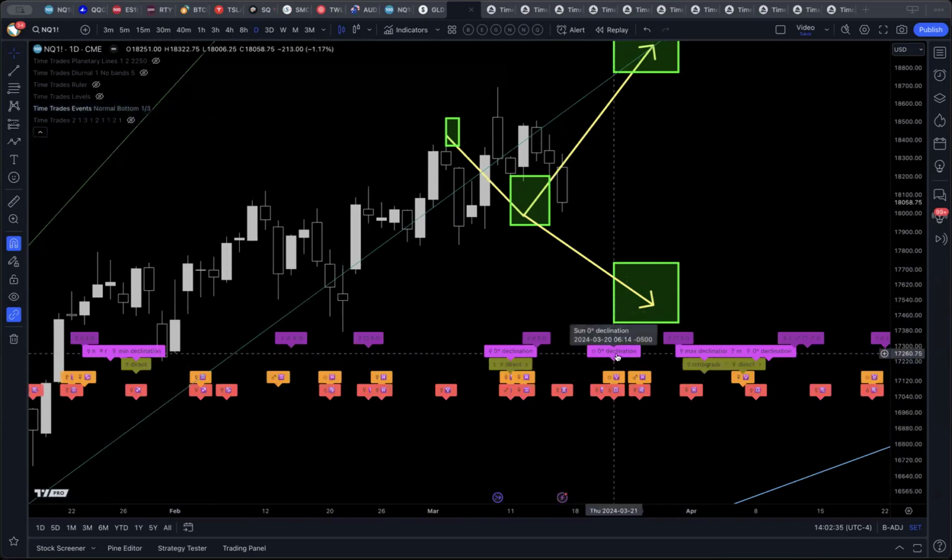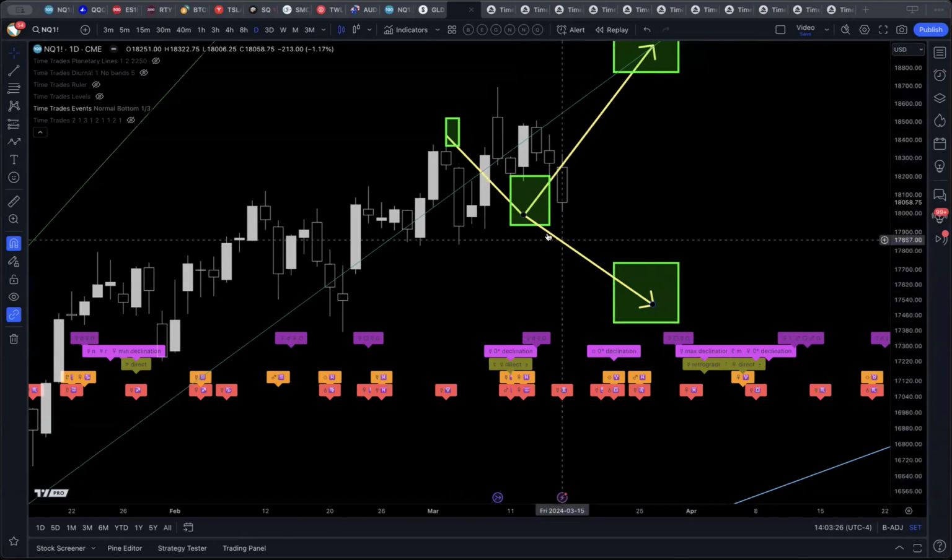Other than the sun at 0 declination, which the actual time is 6:14 a.m. Central Time, on Chicago time, that's something to be aware of, a major declination event. And we also have the moon changing signs, as it always does.